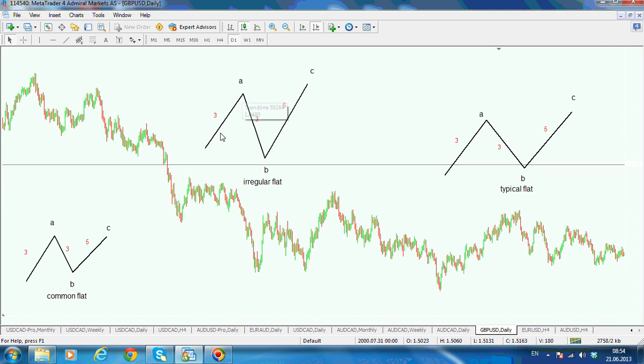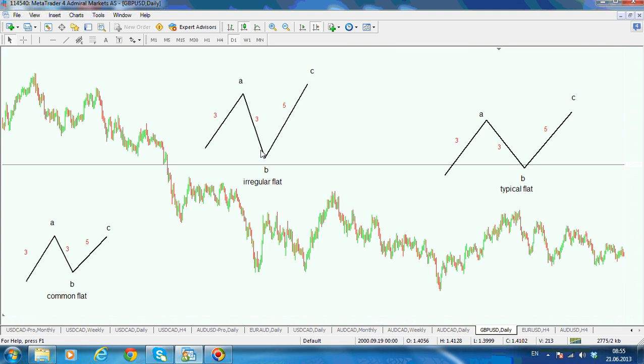And if the lows here are being taken by the B wave, then you are looking for a maximum of 138.2%, let's say 100%, for the B wave to make a new low, and then it tries to retrace and even make a new high in a 5-wave structure for the next C wave to the upside.